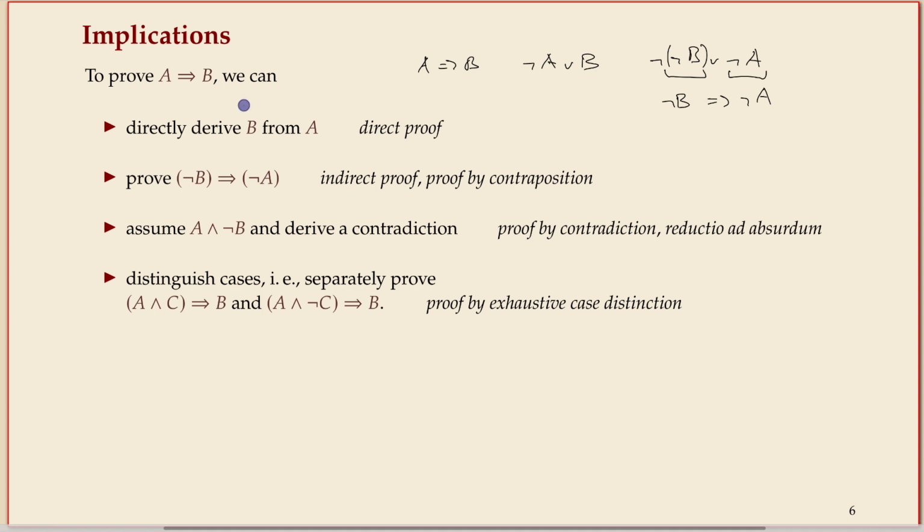So those two statements are the same: A implies B, or not B implies not A. And sometimes it's easier to go the other way around.